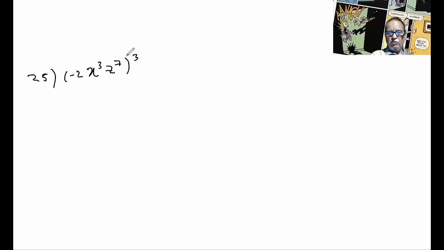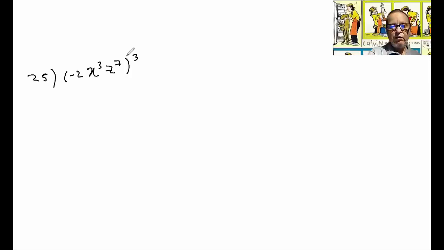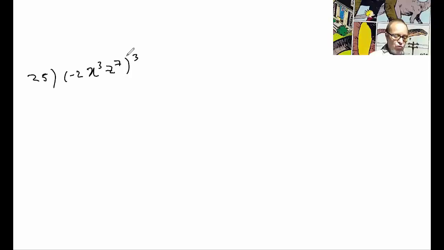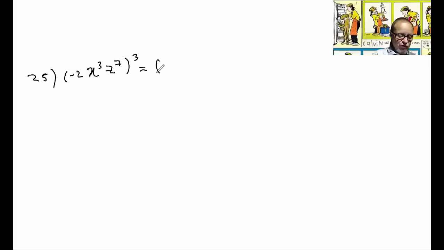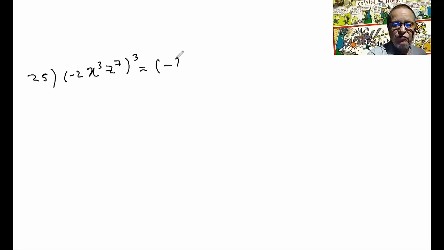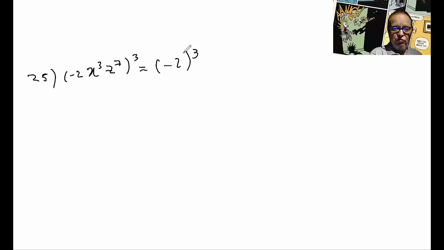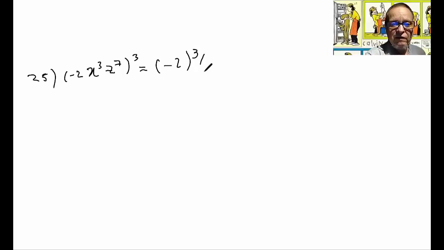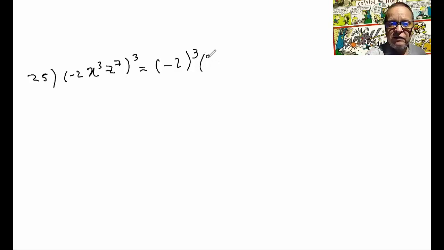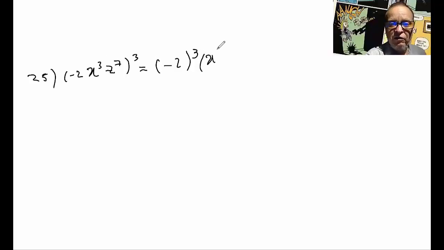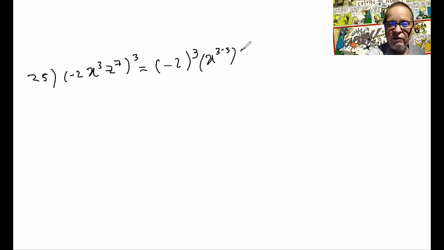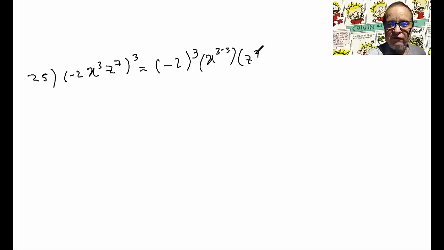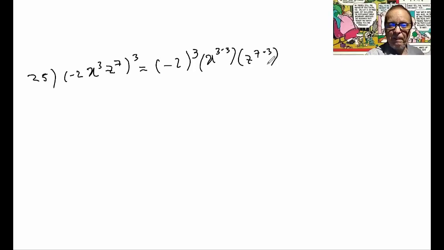So again, we only really need to apply the power rule to this. So I'll do my numbers first. Negative 2 to the third. And then I have my x, and I multiply 3 times 3, and my z, 7 times 3.